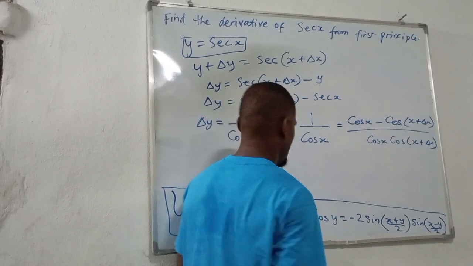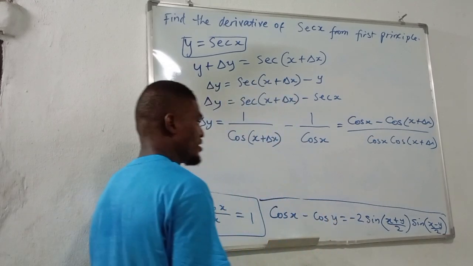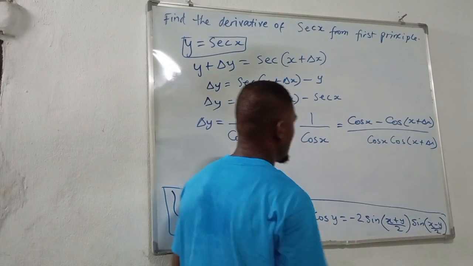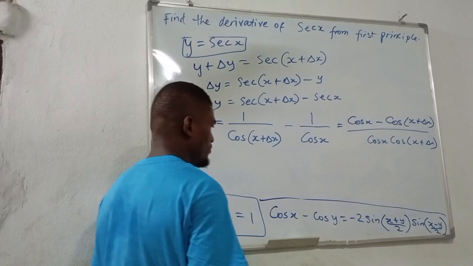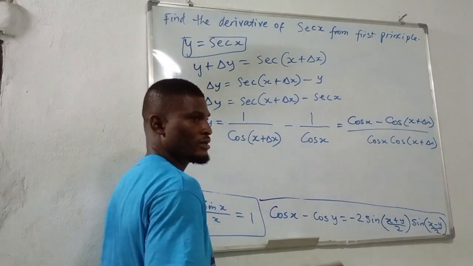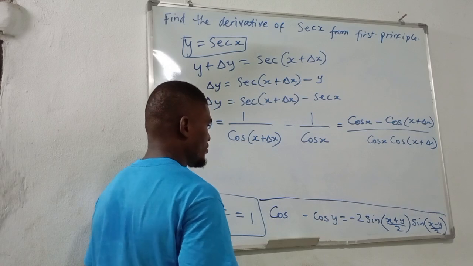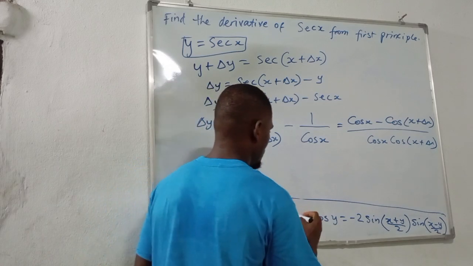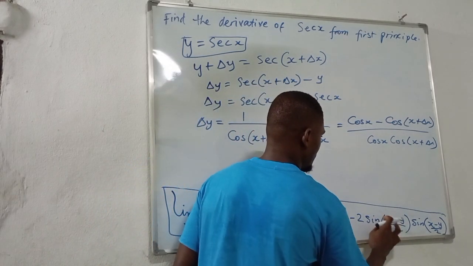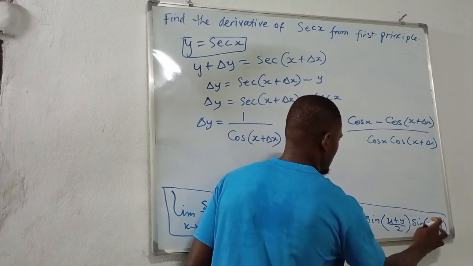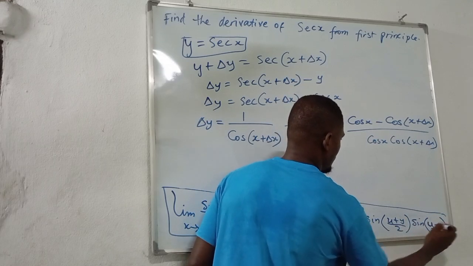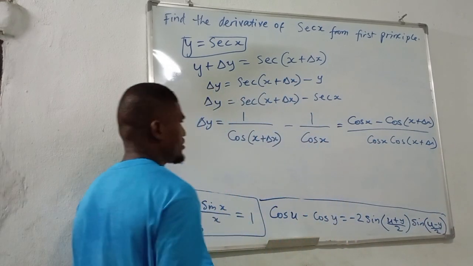Alright, so from here now, we're going to use this equation with this. If you want to relate this equation with this, I'm going to change these letters. Let's call x u so that it makes sense.